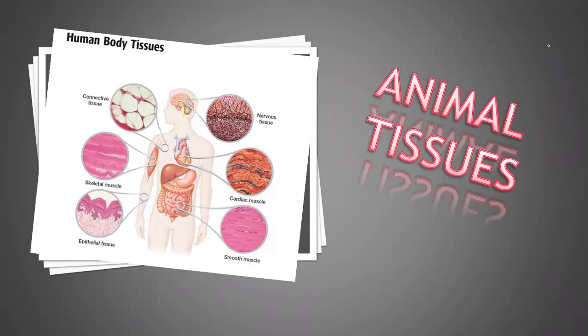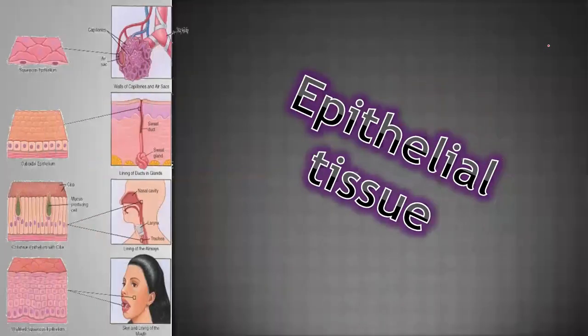So we'll talk about the basics of human body tissues. There are several tissues like connective tissues, skeletal tissues, epithelial tissues, nervous tissues, cardiac and smooth muscles also. So we'll talk about all of them one by one.